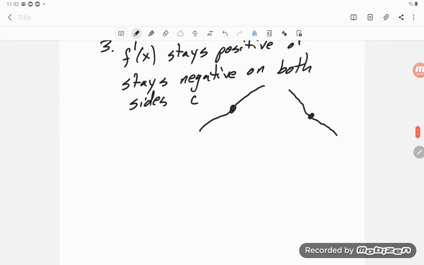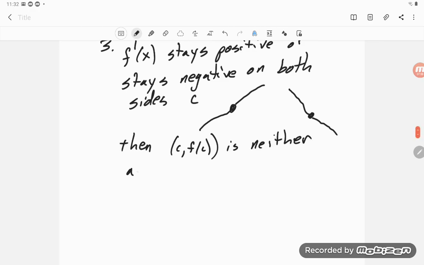One of those two things happens. Then f of C is neither a relative min or max. It's not a relative extrema.